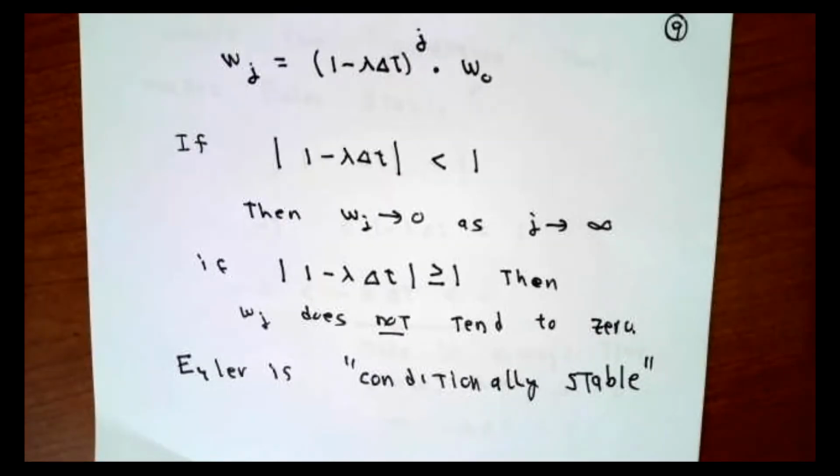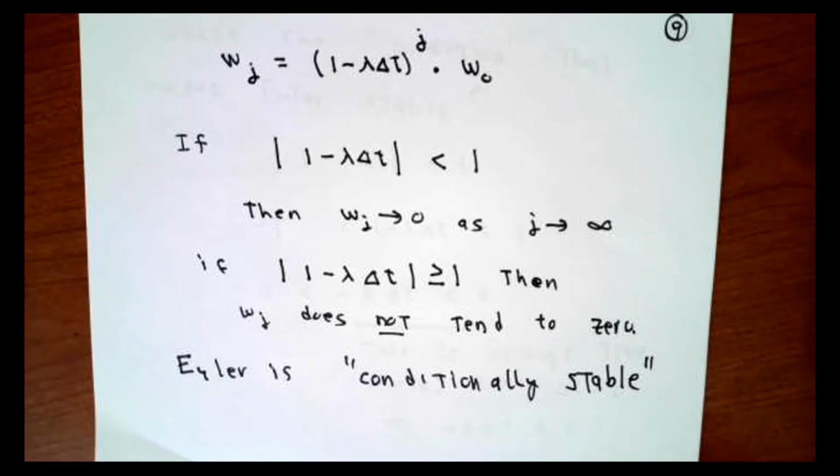If the absolute value of 1 minus lambda delta t is less than 1, then powers of 1 minus lambda delta t will tend to 0 as the power increases. Therefore, the wj's will tend to 0 as j increases. On the other hand, if that absolute value is larger than 1, the wj's are getting steadily larger in absolute value, and the wj's will not tend to 0 as j increases.